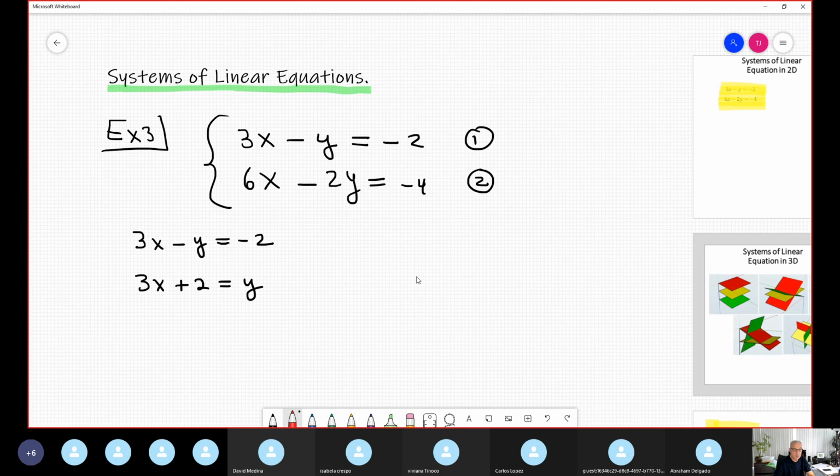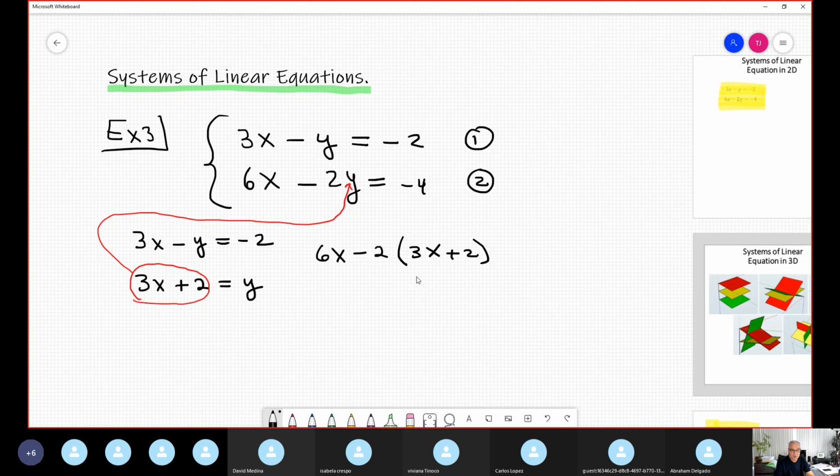And this expression, I substitute in the other equation, which is equation 2, for the y, of course. So my new equation is 6x minus 2 times parenthesis 3x plus 2 is equal to -4.